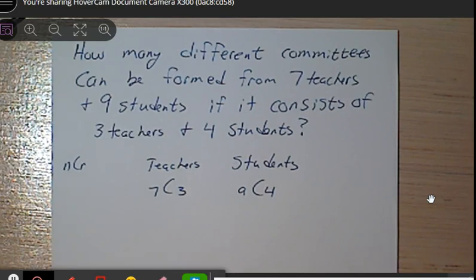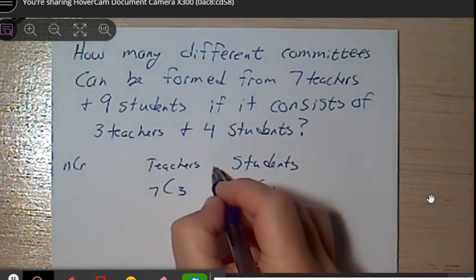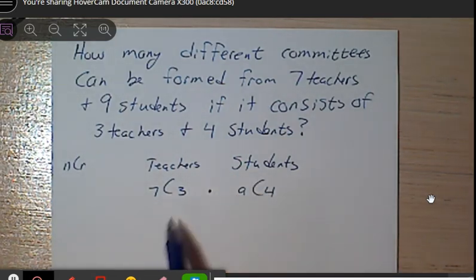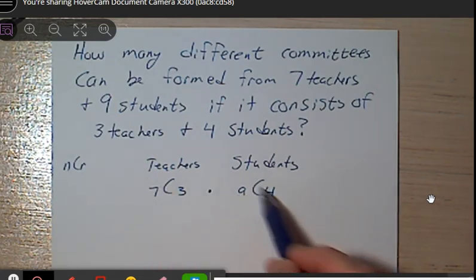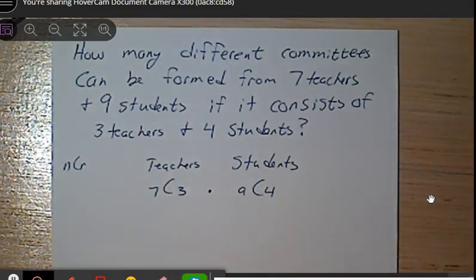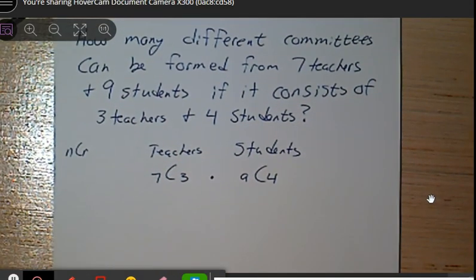If you have 2 different groups like this, teachers and students, you're basically going to multiply those 2 groups together. So we'll do 7 choose 3, then 9 choose 4, and take those 2 numbers and multiply them together. Anytime they give you 2 different groups mixed in a problem, do the 2 groups separately and then pull it back together.